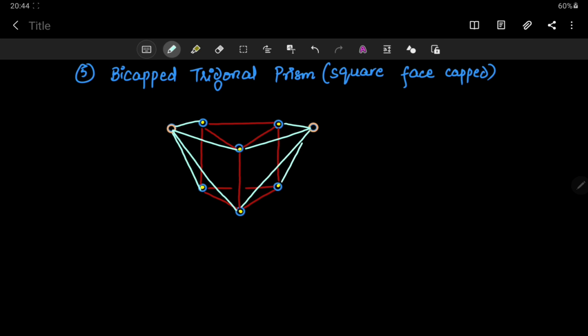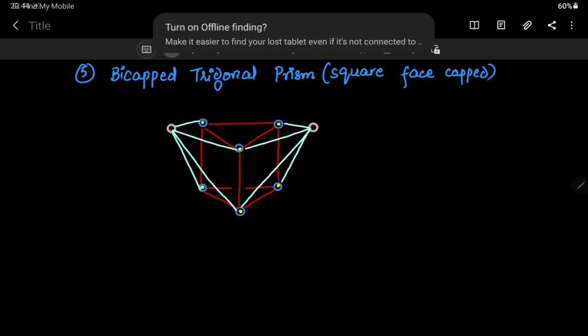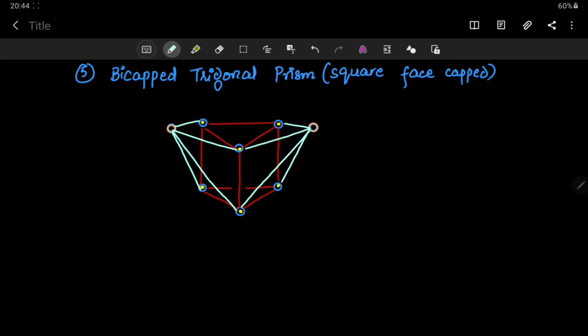So each cap will generate 4 triangular faces. 1, 2, 3 and 4 triangular faces. And these are another 4 triangular faces. 2 triangular faces, red. This is a square face embedded, another square face embedded, but one square face which is away from you can be counted. 8 newly generated triangular faces, 2 already present triangular faces and 1 square face.